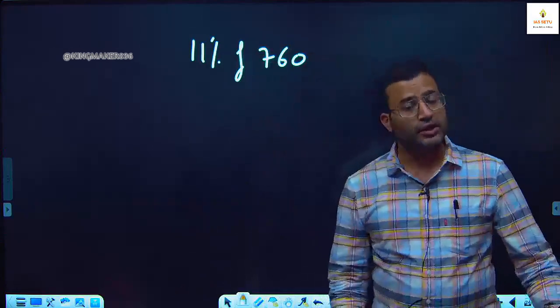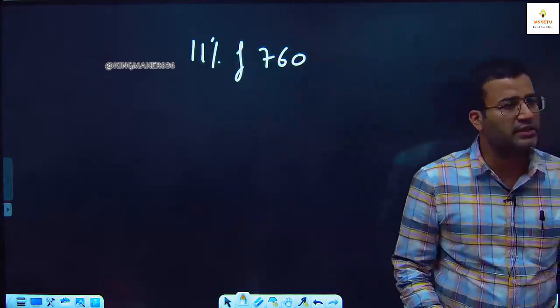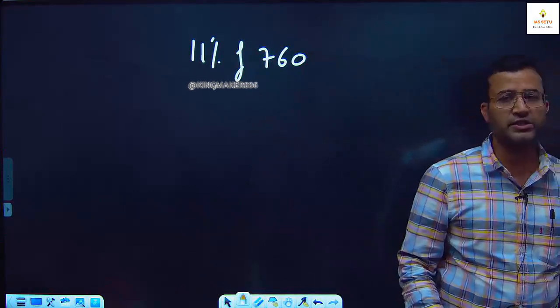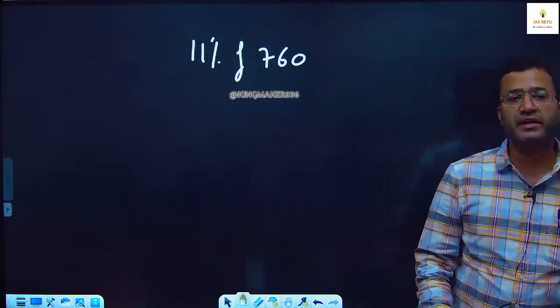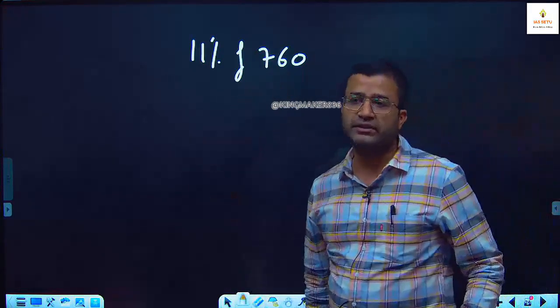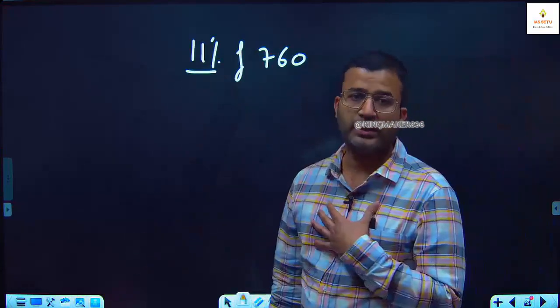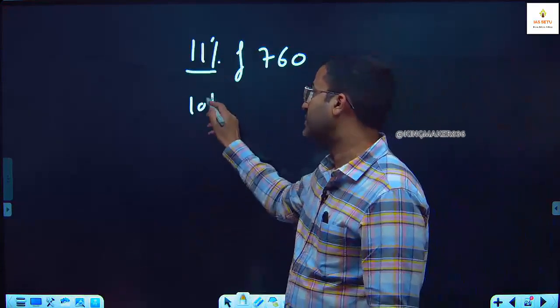If a value from this table is asked, it is recommended to use this table, then only you are fast in your calculation. But if any other value is asked, like 11% of 760, how do I calculate? I break the number. 11% I take as 10% plus 1%.